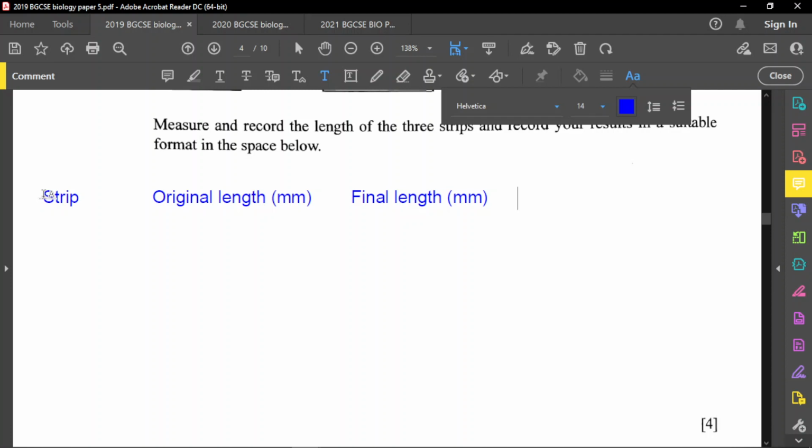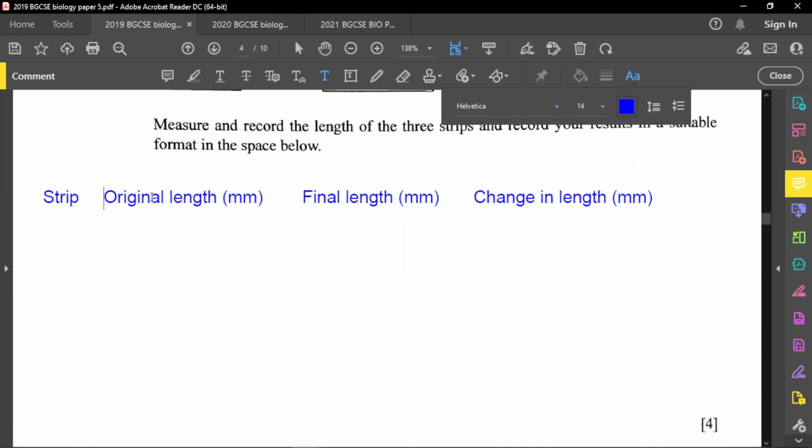And let's add another column here, change in length. I want to point out something here. Change in length, again, that's going to be in millimeters. I'm going to put one other column. I'm going to call it percentage change. Let me bring these over a little bit so I have more space to play with on the end.